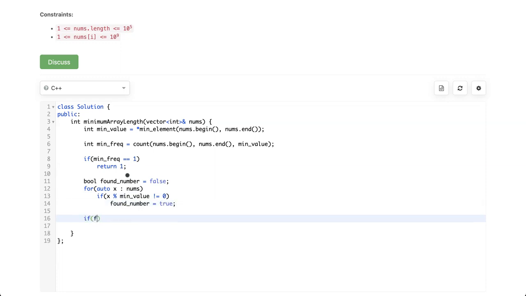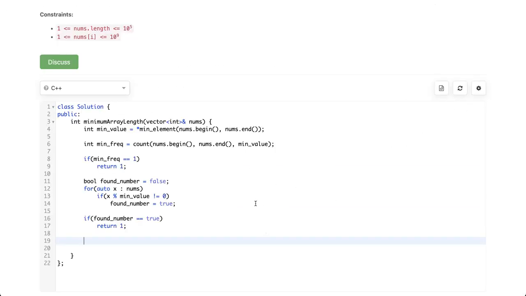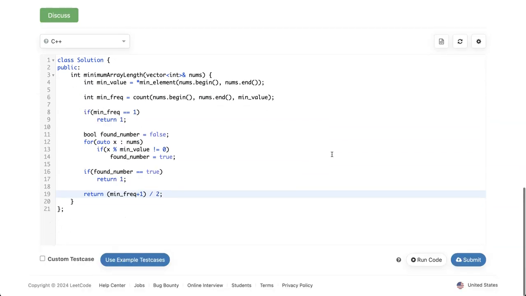So if found_number is true, return 1. And at the end, we just return the ceiling of the count of 5s, so return (min_freq + 1) / 2. This is how we do ceiling. And that's it. That is the code.